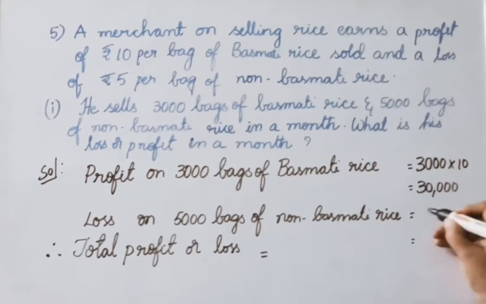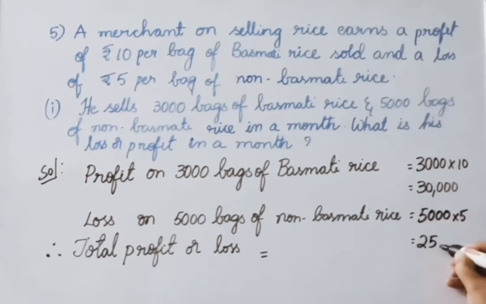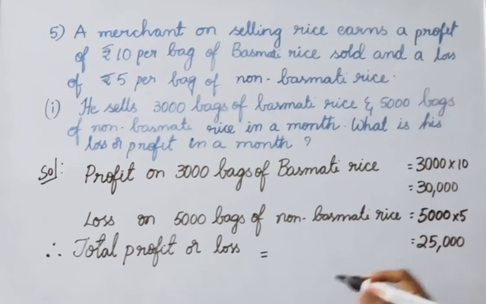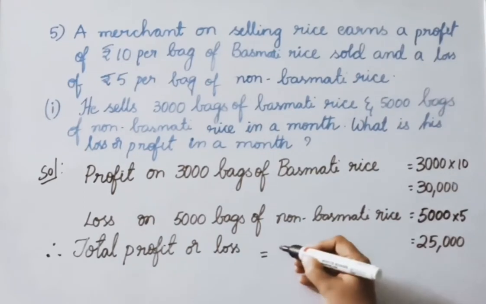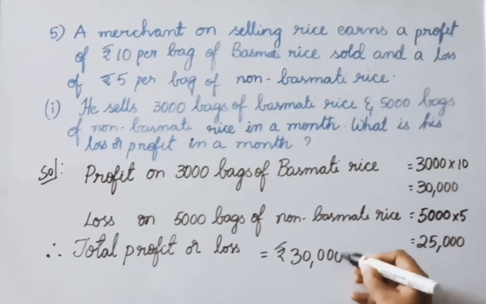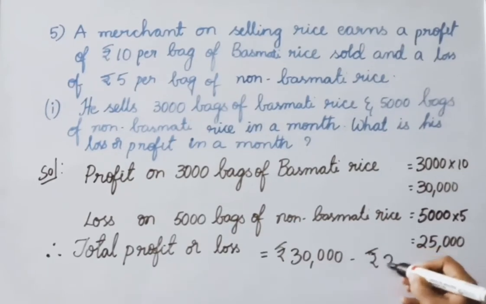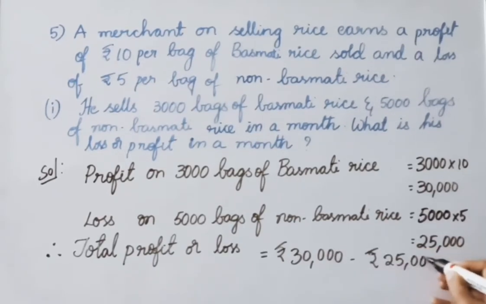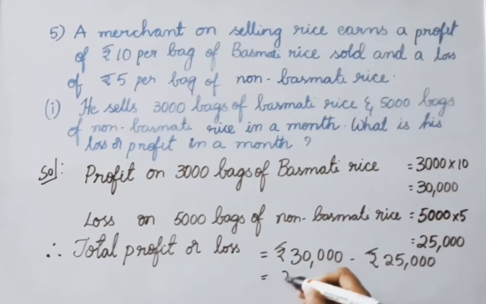So, 5000 multiplied by 5, 5000 into 5, 25,000 rupees. Therefore, to find the total profit or loss, we subtract these two values. 30,000 rupees minus 25,000 rupees equals 5,000.